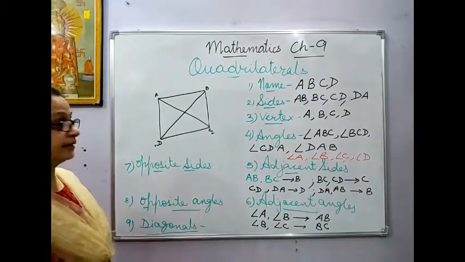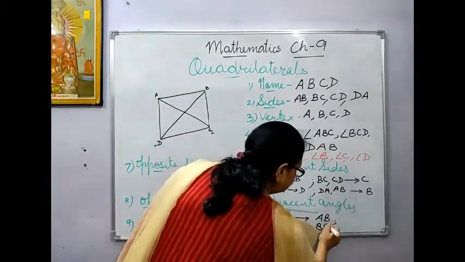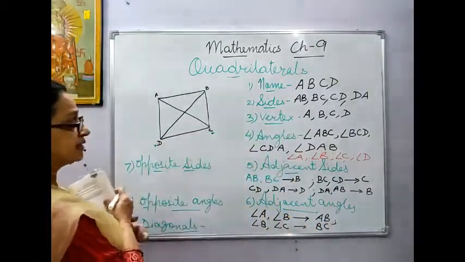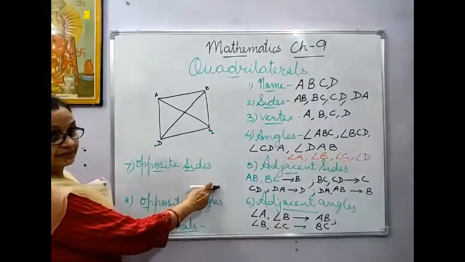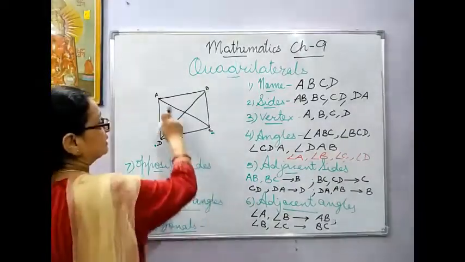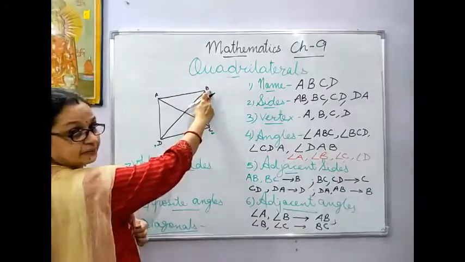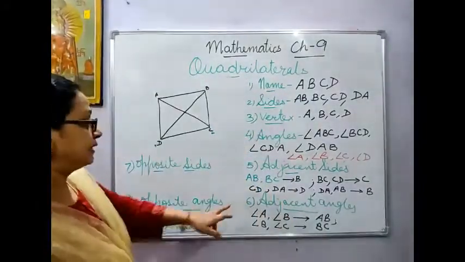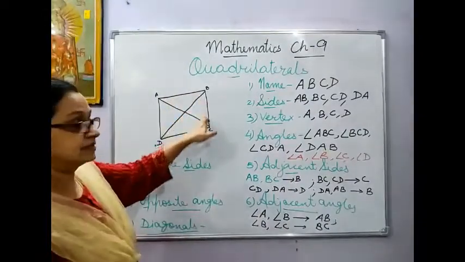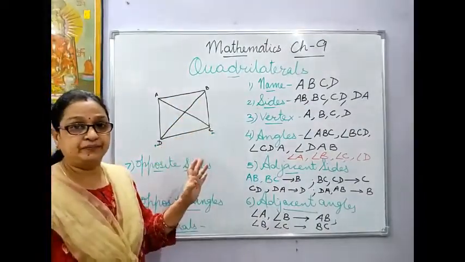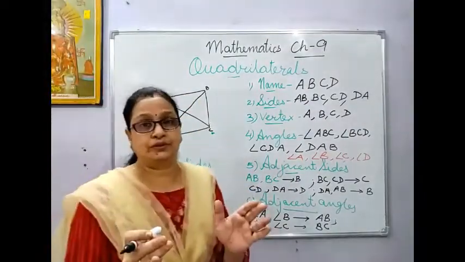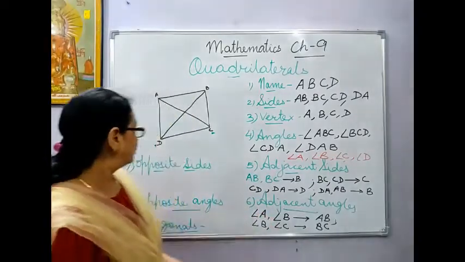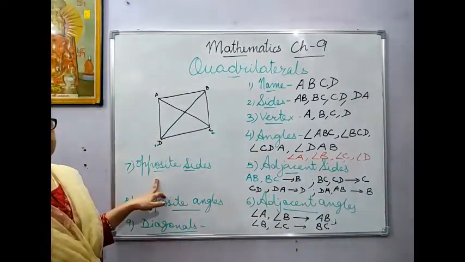I hope you are getting it. Please children remember adjacent angles and adjacent sides. In adjacent sides they have a common vertex, and in adjacent angles they have a common side. Remember, adjacent means near, close. Okay? So then we move on to opposite sides.